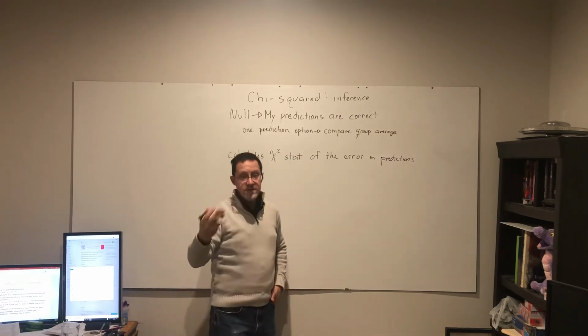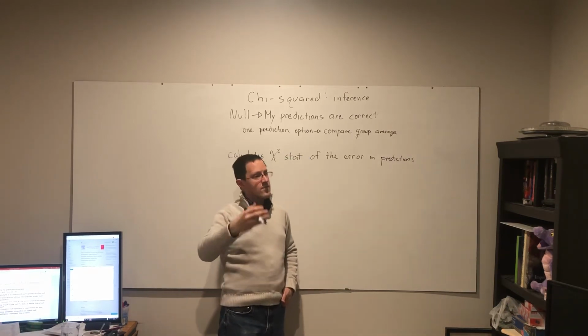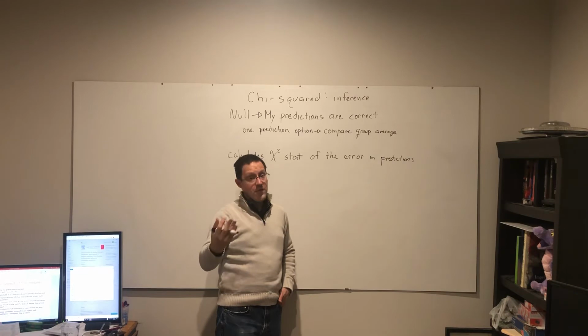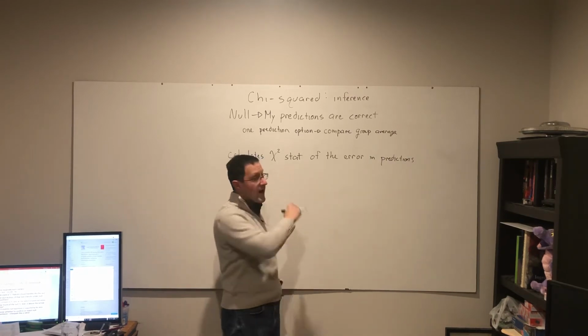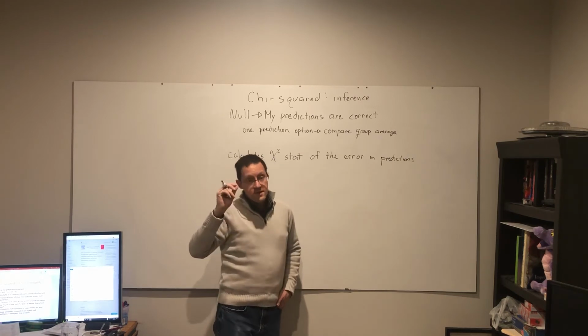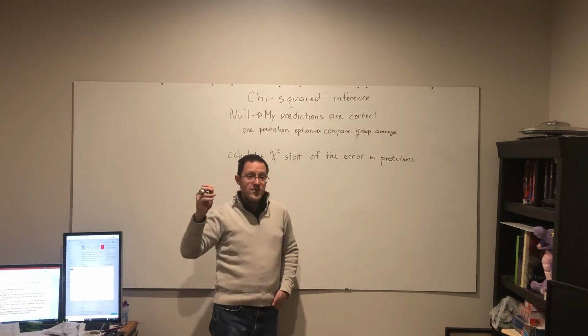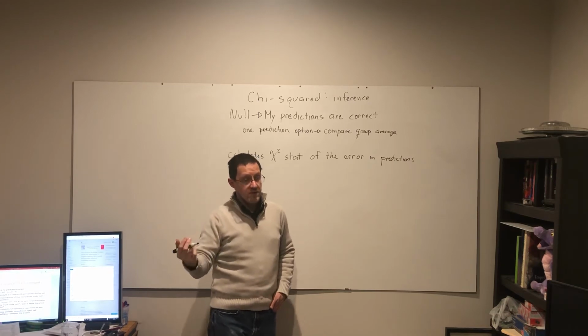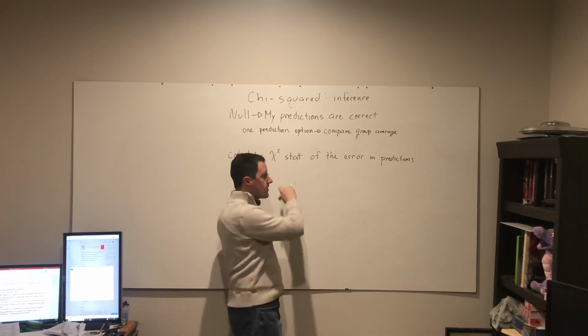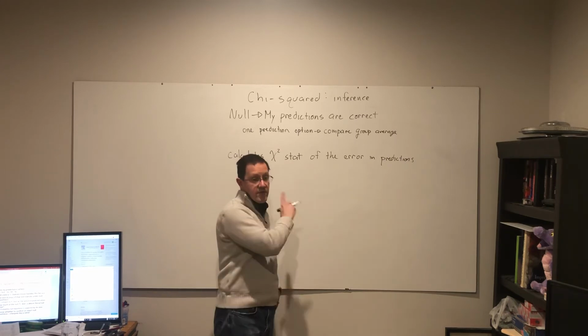So we saw the t-test had the t-statistic. The ANOVA had the F statistic. Chi-squared has a chi-squared statistic. This is the Greek letter chi. The chi-squared statistic is based upon how much error there is in your predictions. If your predictions are good, this is lower. If your predictions are bad, this is higher.